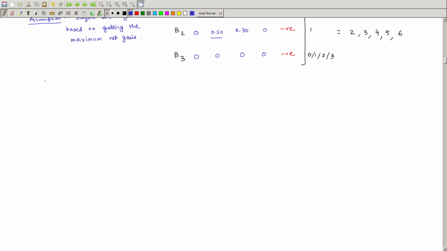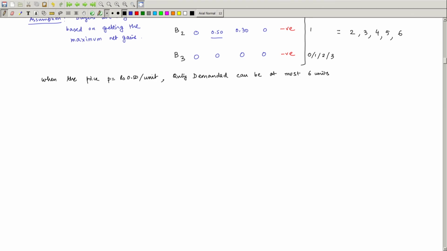So, when the price P is rupees 0.5 per unit, the quantity demanded can be at most 6 units, right.